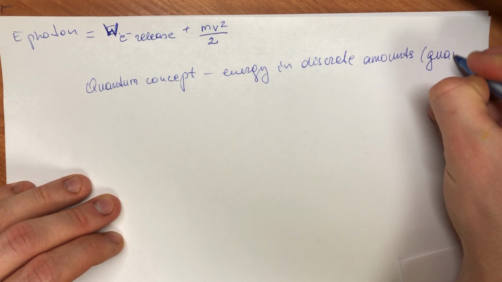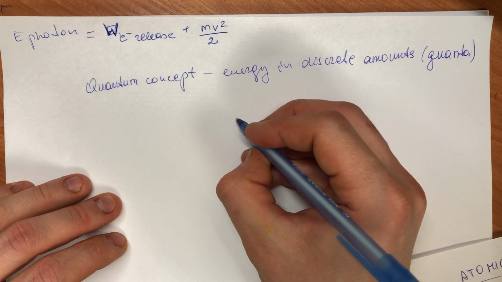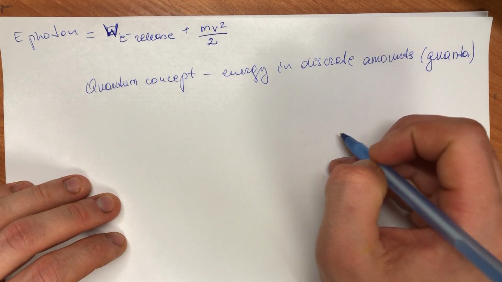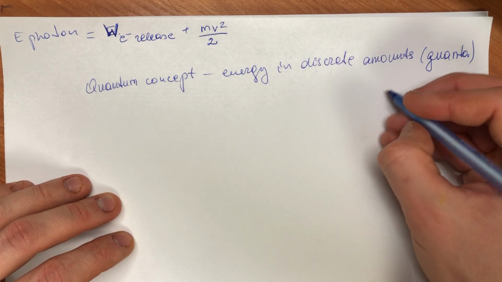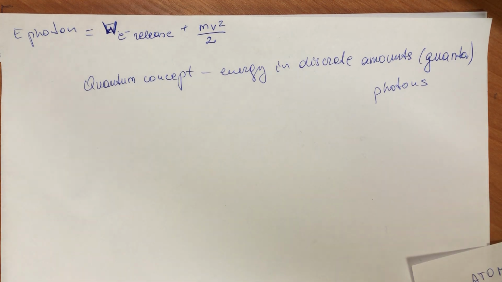Quantum is the singular form, quanta the plural form. So discrete amounts, quanta, or in the case of light, photons.